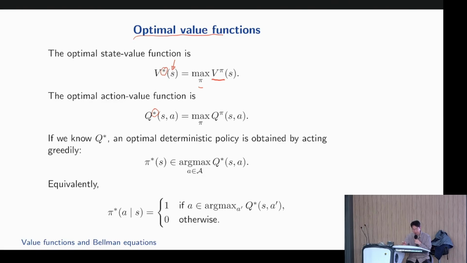Q star, if we act optimally, if we start at state S, execute action A, and then onwards act optimally, what is the expected return? That's the definition of Q star.